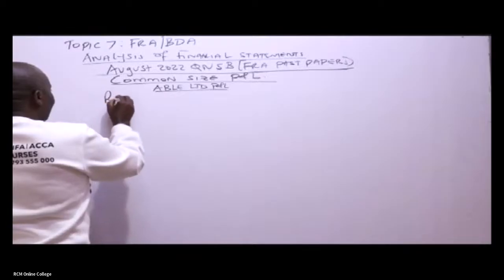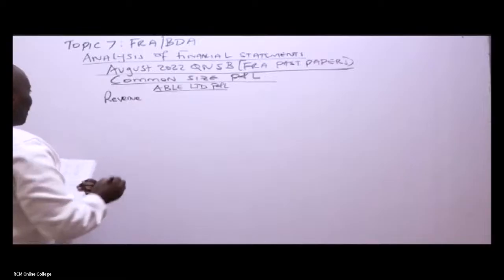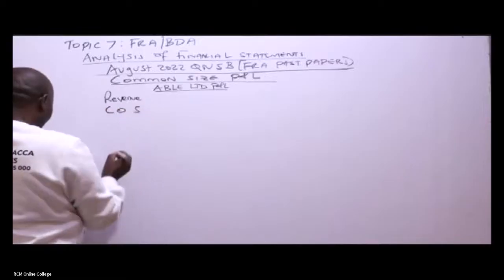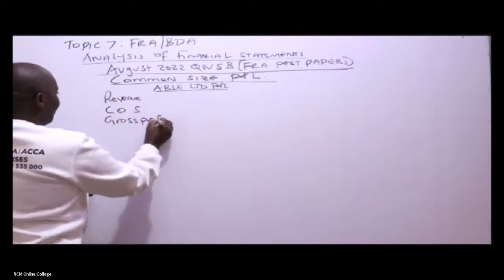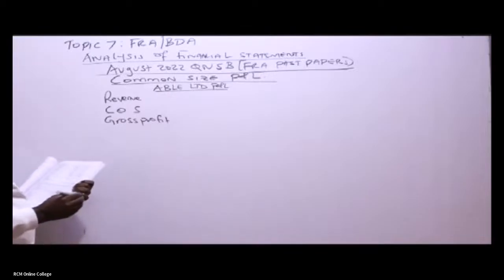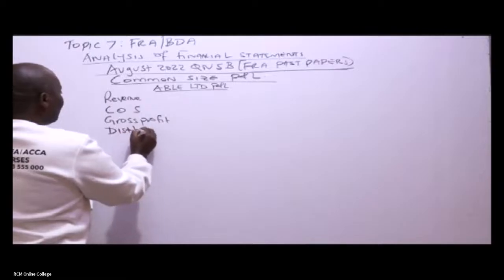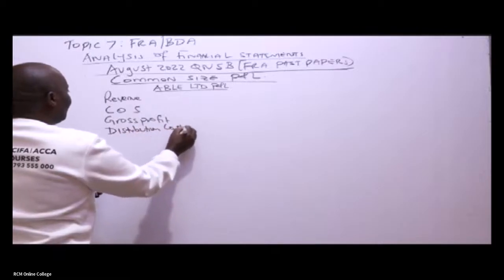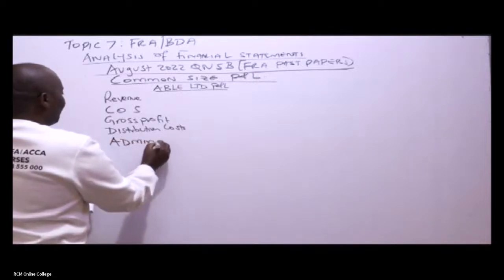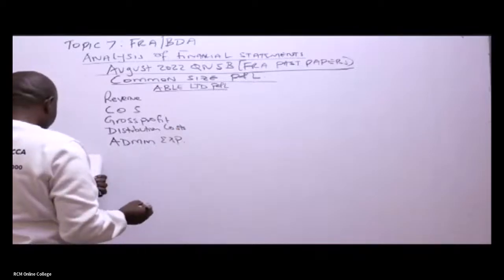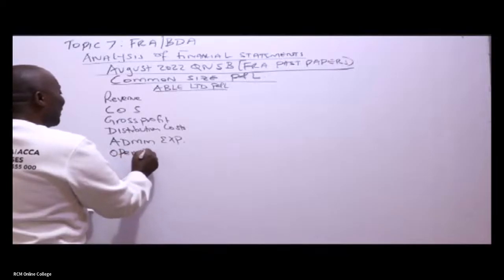So we have revenue, cost of sales, gross profit, distribution costs, administrative expenses, and operating profit.